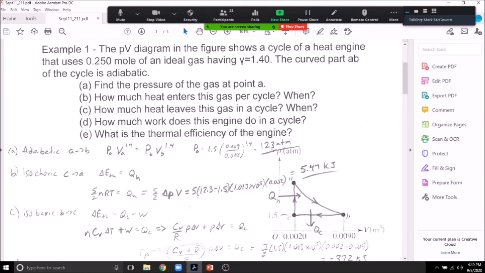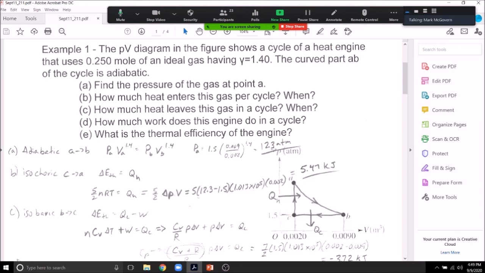Fantastic. Okay. Now, how much heat enters this gas per cycle, and when does it happen? It can only happen from process C to A, the isochoric process. It can't happen on A to B, that's adiabatic.